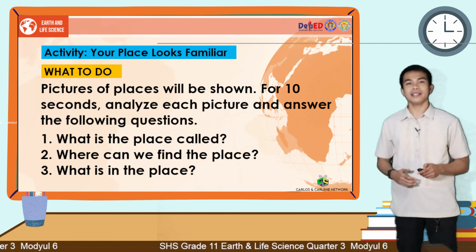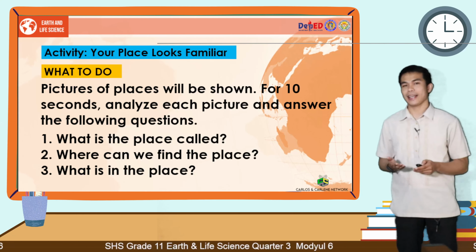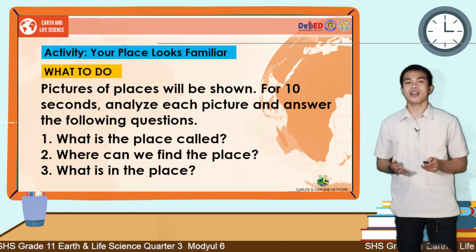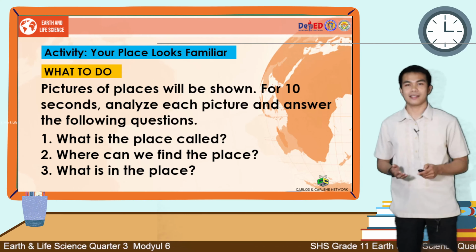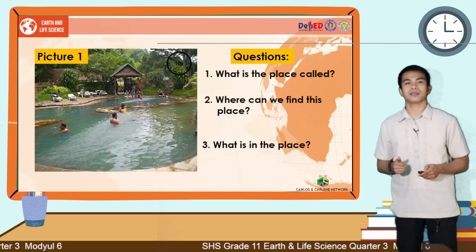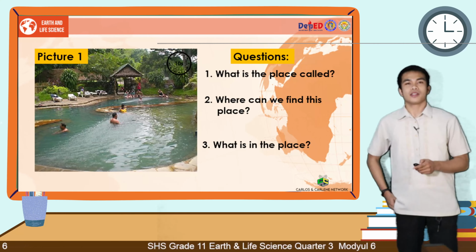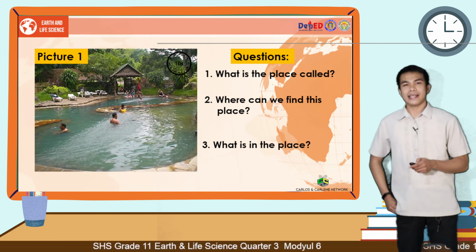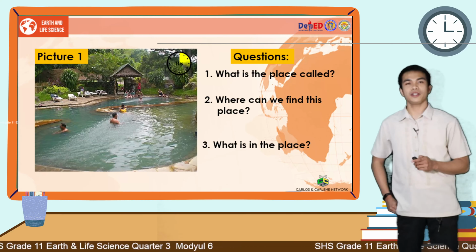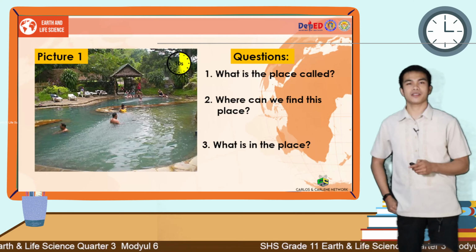First, what is the place called? Second, where can we find this place? And the third question, what is in the place? Are you ready? Okay, let's go. So, for 10 seconds, analyze this picture and think of your answer for the 3 questions.